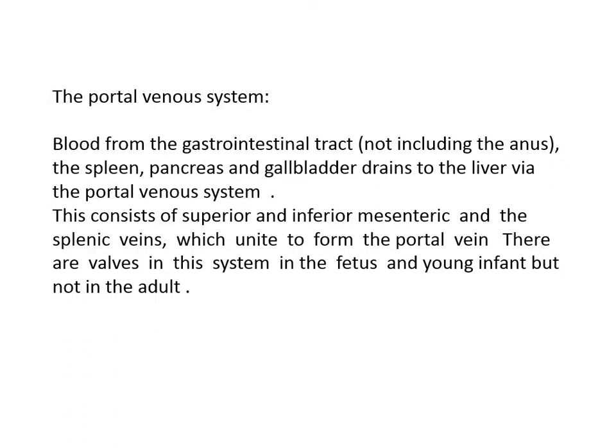Blood from the gastrointestinal tract, not including the anus, the spleen, pancreas, and gallbladder, drains to the liver via the portal venous system. This consists of the superior and inferior mesenteric and the splenic veins, which unite to form the portal vein. There are valves in this system in the fetus and young infants, but not in the adult.